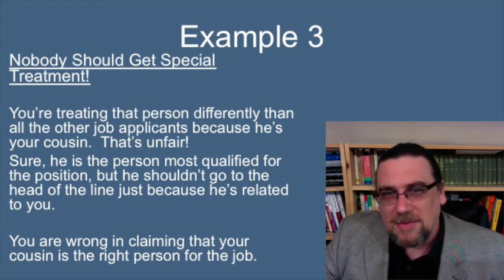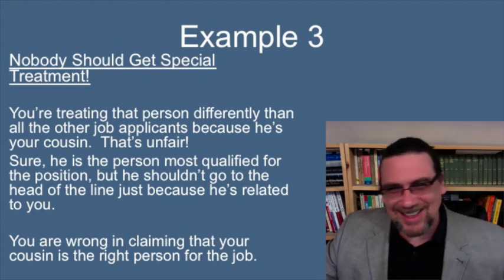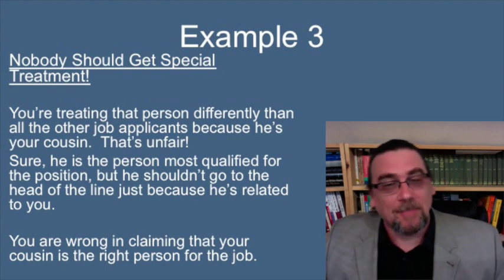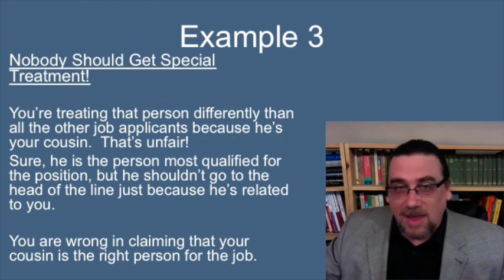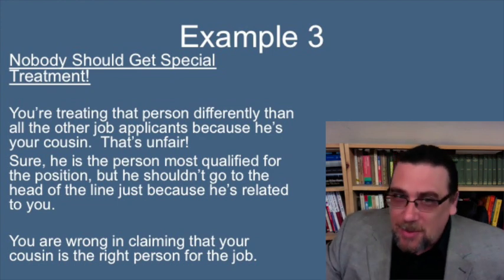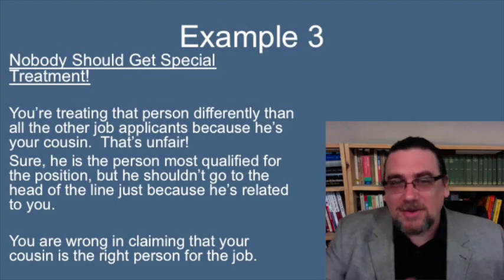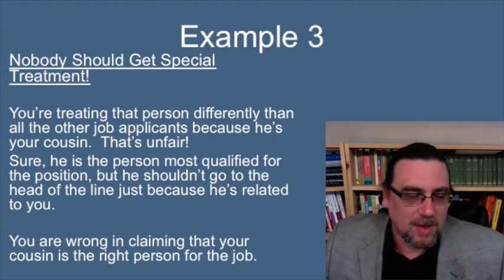Probably also being unfair and nepotistic and all these other things that we could roll in there as well. You're not treating equal cases equally. But in this case, you're treating unequal cases unequally, which seems to be the right thing to do.